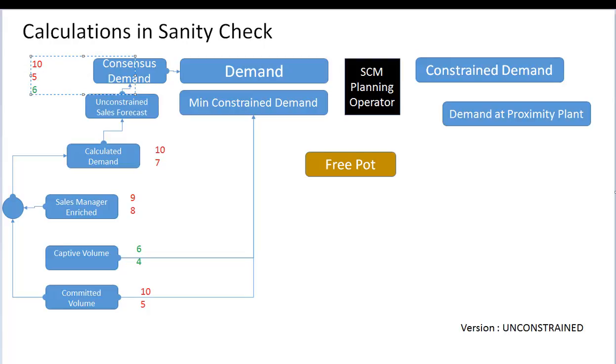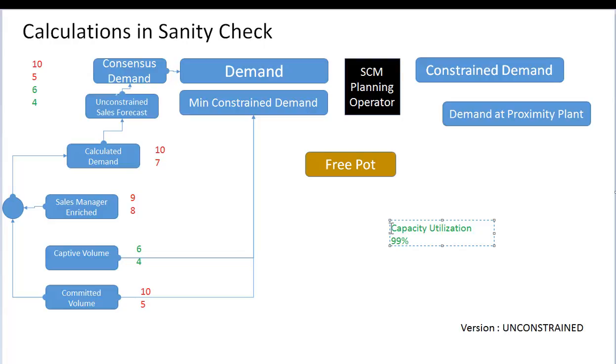That indeed will allow the planner to execute the plan and see the capacity utilization figures for only the captive and committed volume, and the targets, of course, and the stock targets. This can allow him to better evaluate with a great deal of precision if the capacity is enough to comply with all the captive, committed, and targets.